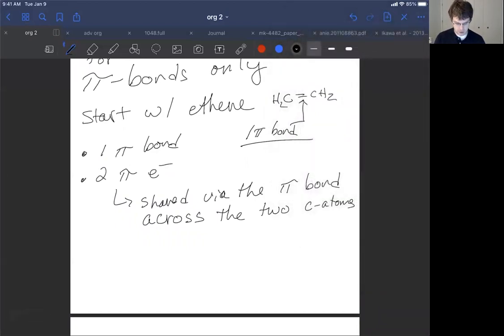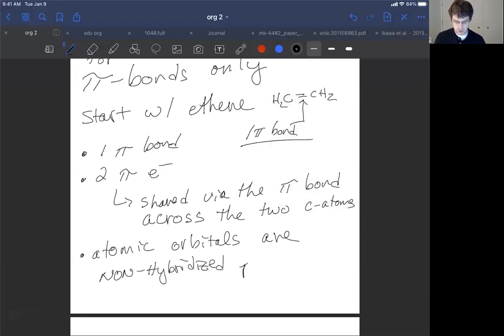So the atomic orbitals are non-hybridized p orbitals. Non-hybridized p orbitals.